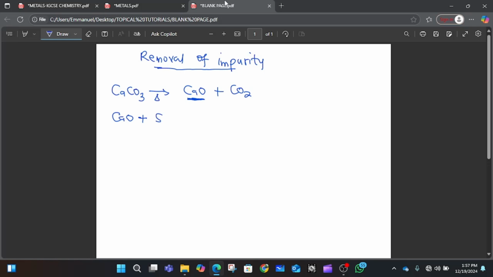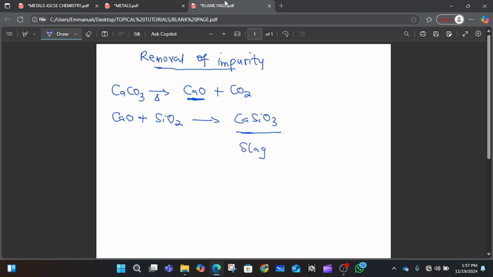So the calcium oxide reacts with the silicon dioxide through a neutralization reaction to produce calcium silicate, CaSiO3. The common name of this calcium silicate is slag.